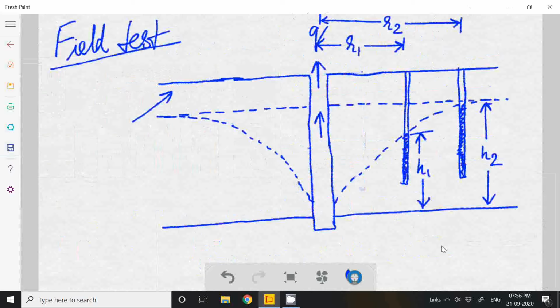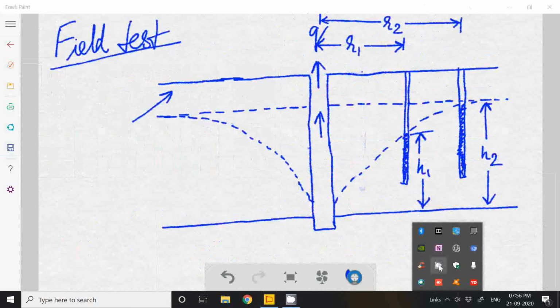So how will we find out the permeability from this situation?